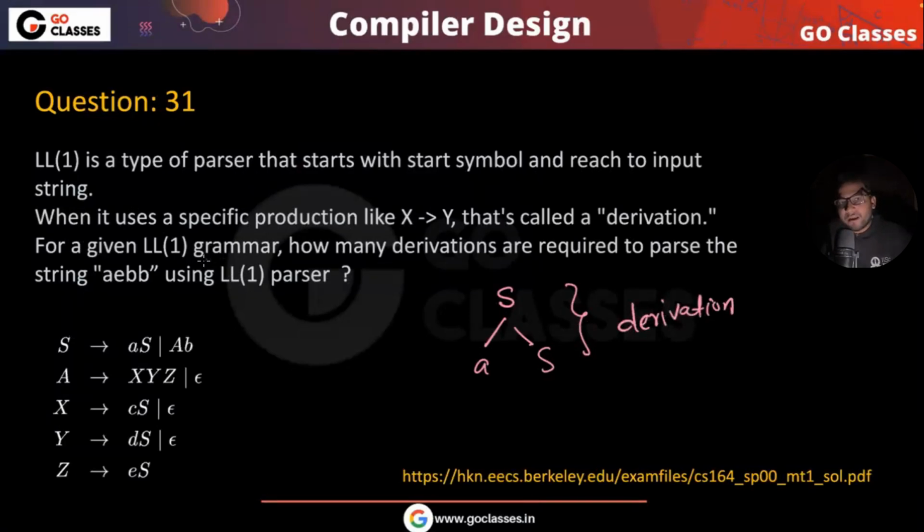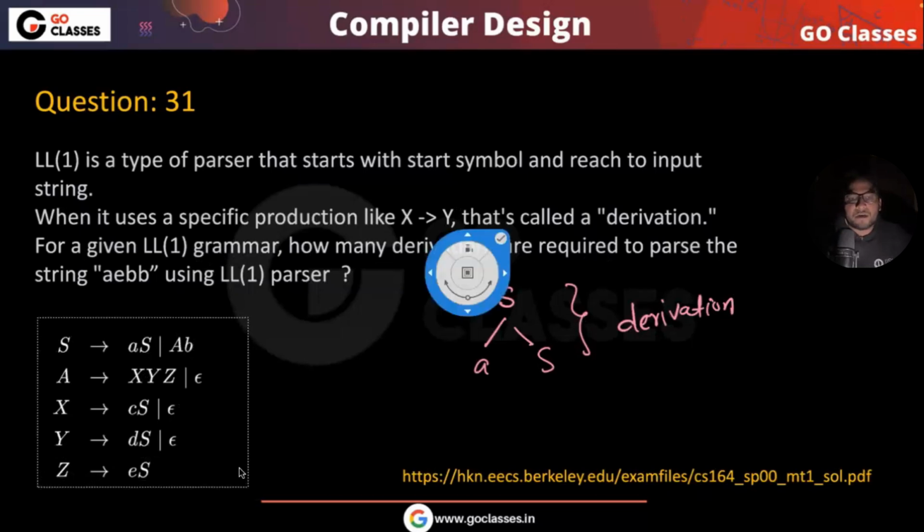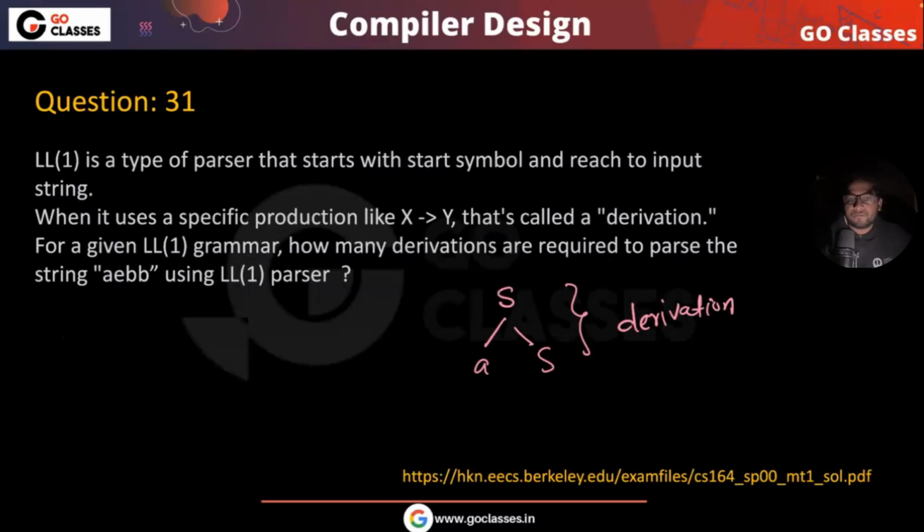For a given LL1 grammar, how many derivations are required to parse this string AEBB? So they are saying how many derivations you will be needing to parse this string. Whenever you are using any production, that is called derivation.